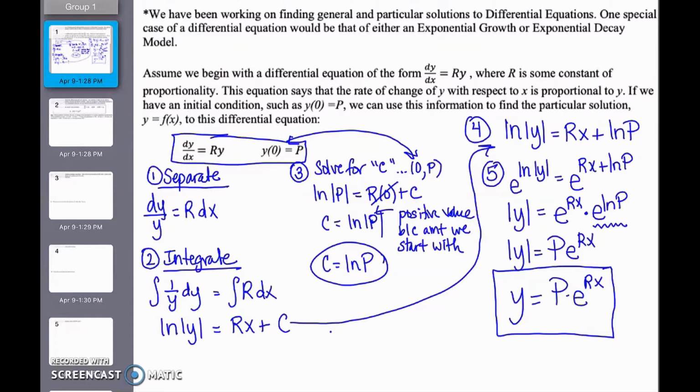If you start with dy/dx equal to some constant of proportionality, whatever they call it, times y, with an initial value of y(0) equals something, your solution to that differential equation is always going to be a function that looks like exponential growth or exponential decay. It's always going to be y equals your initial value, because this was your P right here, this was your initial value, times e to the rx power, where r was the coefficient of the y in the differential equation.